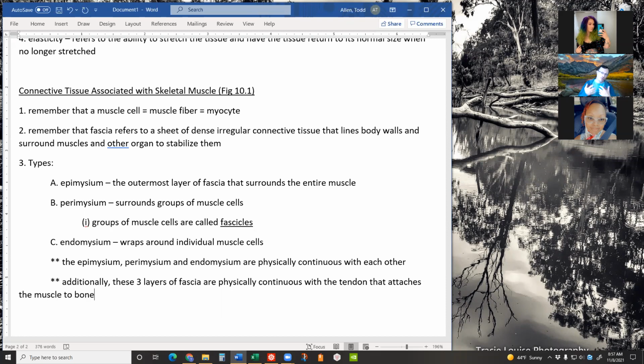Okay, so hopefully you can see where I'm driving at with this, is that when the muscle contracts, you're going to tug on the endomysium. And because the endomysium is attached to the perimysium, you're going to tug on the perimysium. And because the perimysium is connected to the epimysium, you're going to tug on the epimysium.